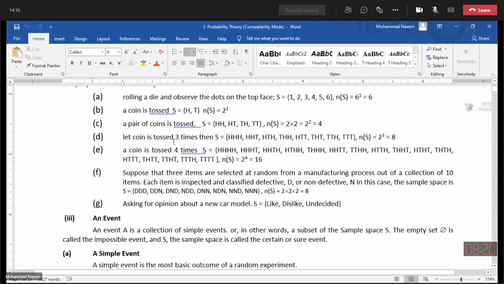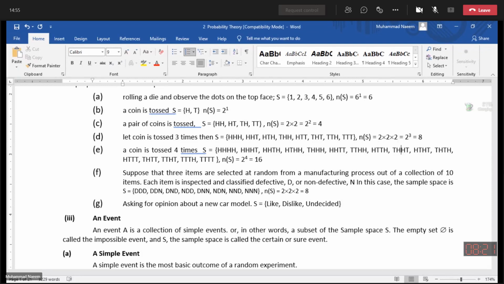When a coin is tossed 3 times and each coin has two possibilities, that is turning a head or a tail, then total possible cases are 2 for the first coin, 2 for the second coin, 2 for the third coin. So 2 power 3 is equal to 8 total possible cases in the sample space.